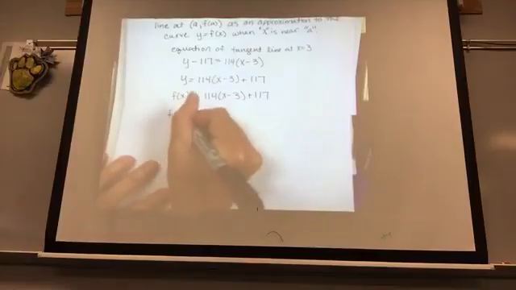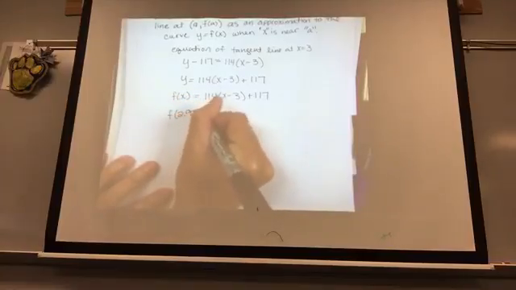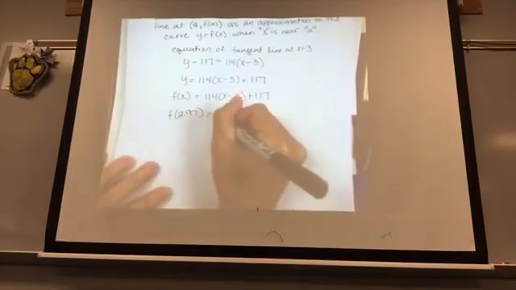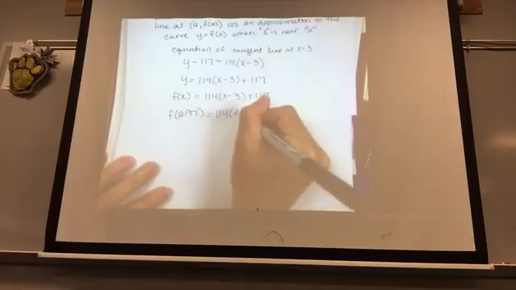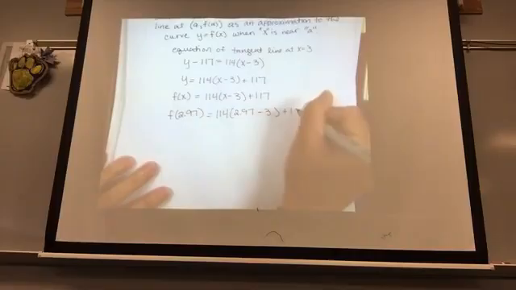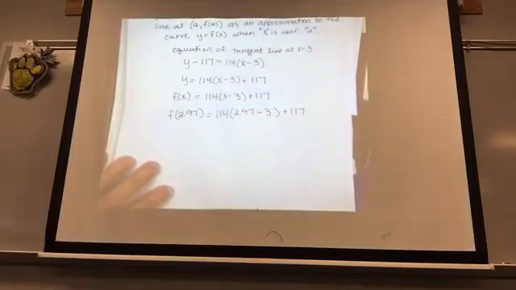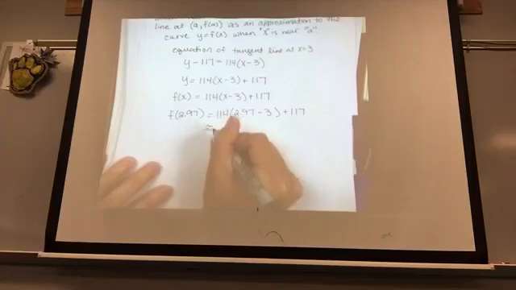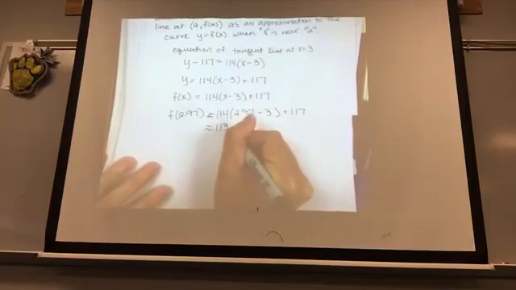So f of 2.97 from the equation of the tangent line will give me 114 times 2.97 minus 3 plus 117, which with a calculator is approximately 113.580.